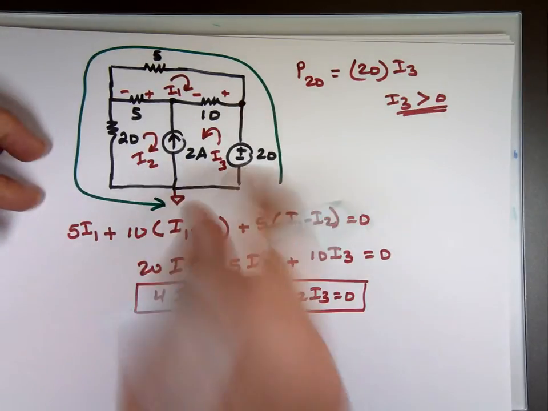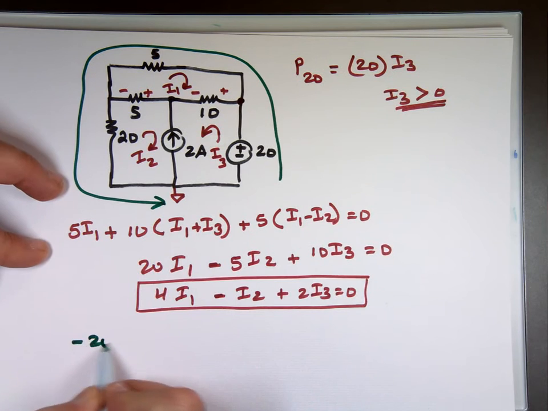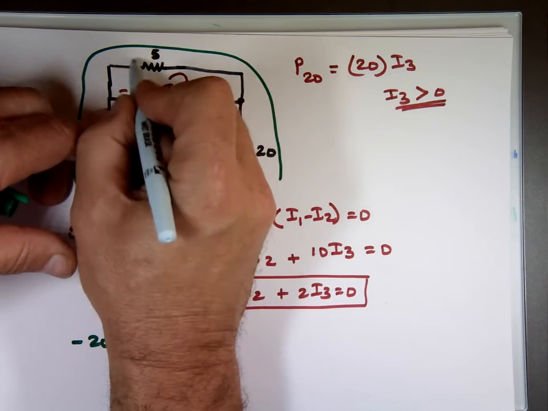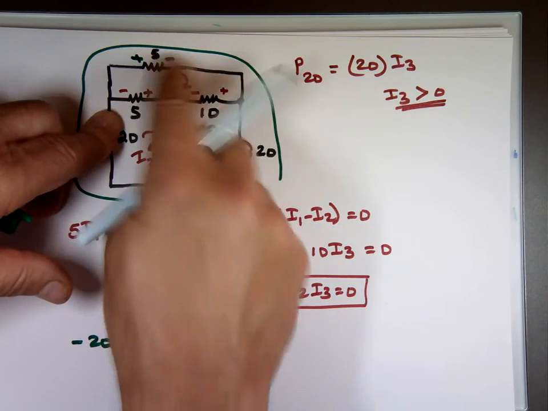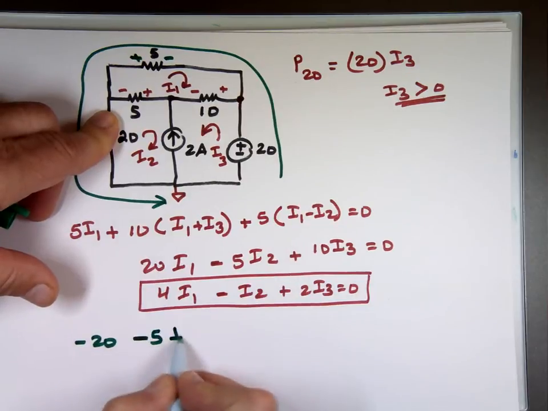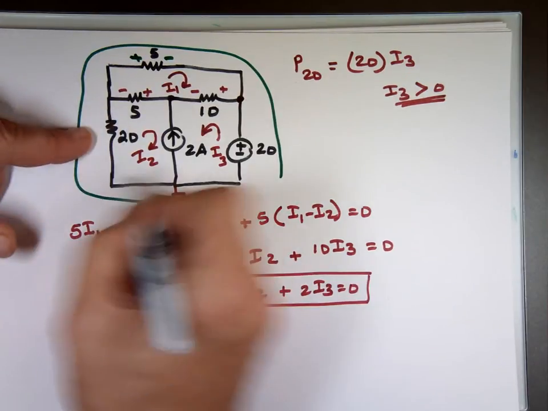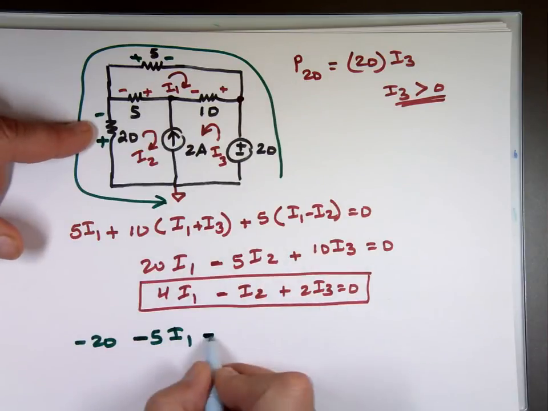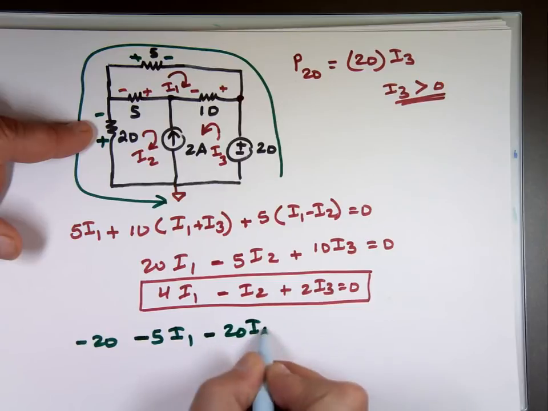This will be negative 20 plus, well, notice I sub 1 is going this way, so it's going to be plus to minus, making it minus 5 I sub 1. I sub 2 is going this way, so it's plus to minus again, minus 20 I sub 2 is equal to 0.